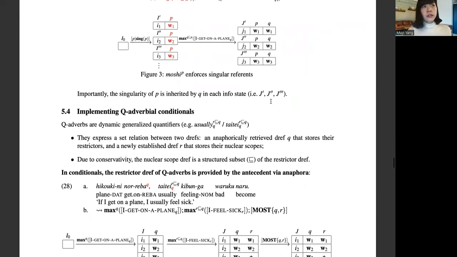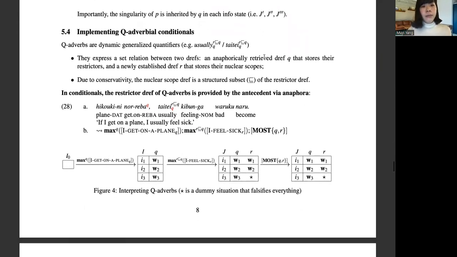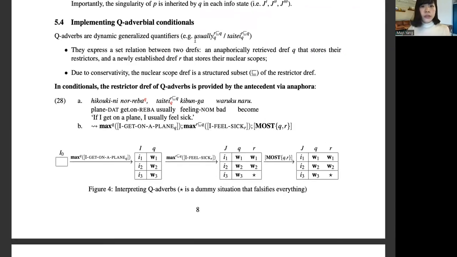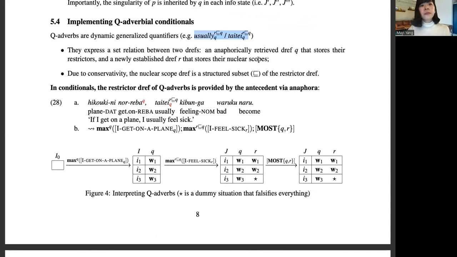Okay, now we can look at what happens in Q adverbial conditionals. So Q adverbs are generalized quantifiers. As you can see in the indices here, they are associated with two derivs.